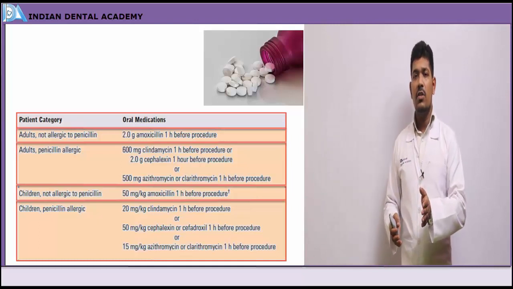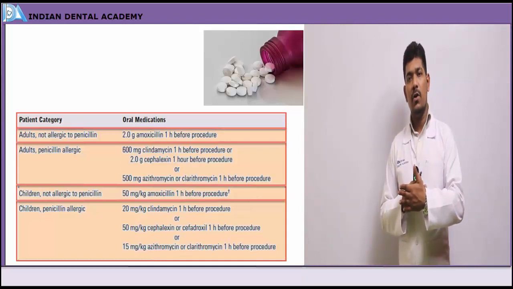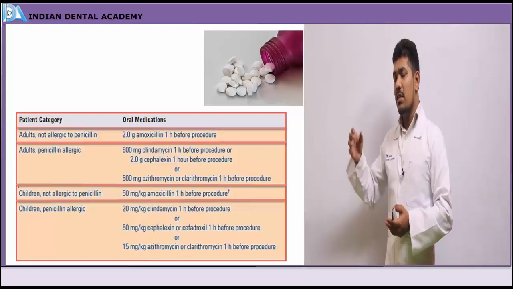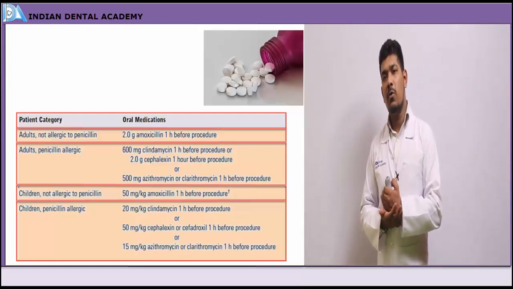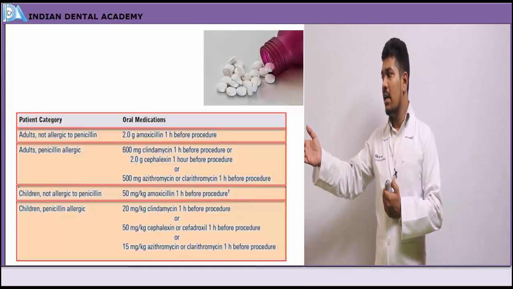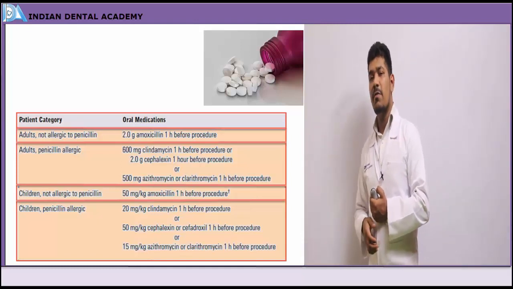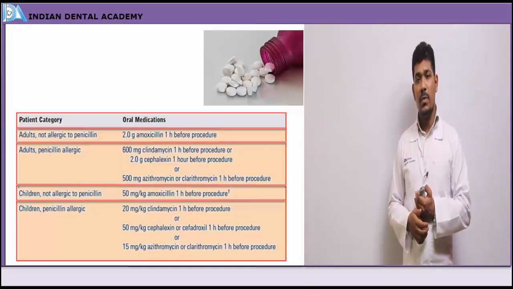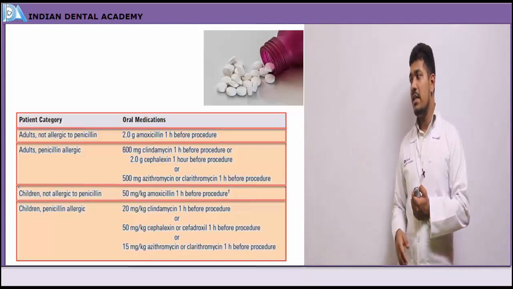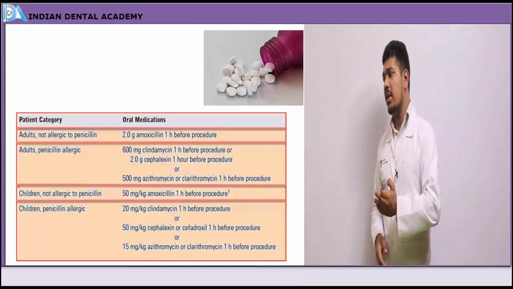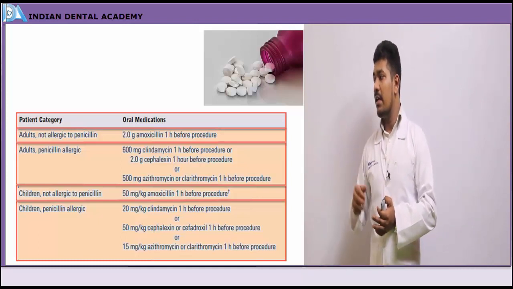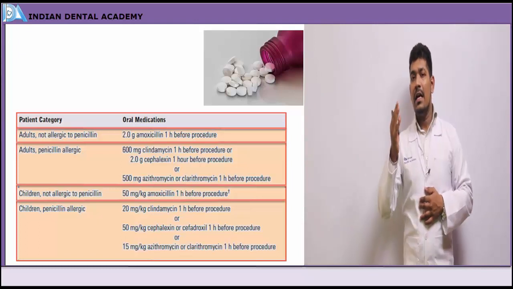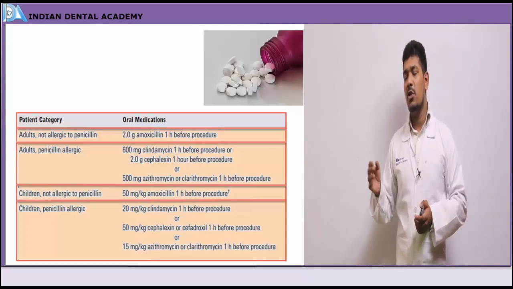In case of children, the same protocol is followed for not allergic and allergic to penicillin, just with a reduced dosage. Instead of 2 grams of amoxicillin, 50 milligrams per kg is given to children not allergic to penicillin. Whereas if they are allergic, we give 20 milligrams per kg for clindamycin, 50 milligrams per kg for cephalexin, and 15 milligrams per kg for azithromycin.